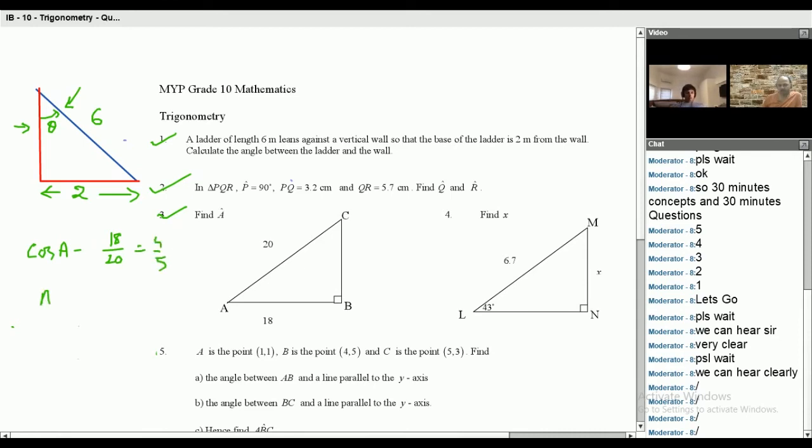So A would be arc cos, that is cos inverse 4 over 5. And if we just use technology here, it is going to be 36.9 degrees.